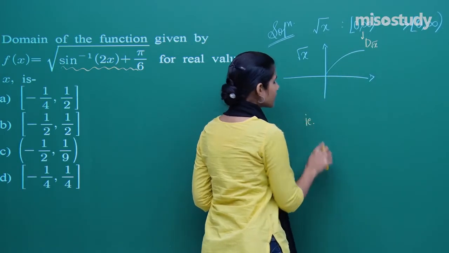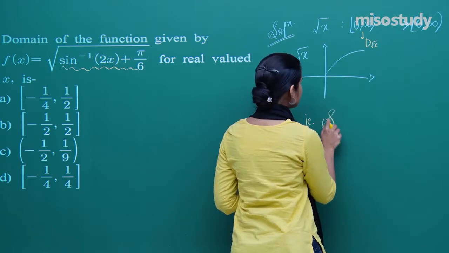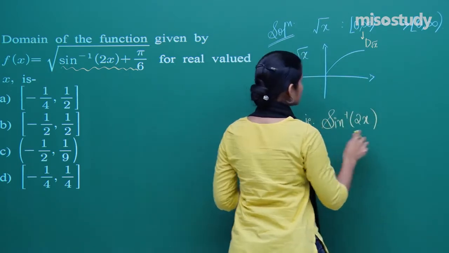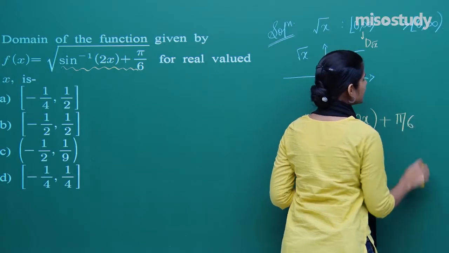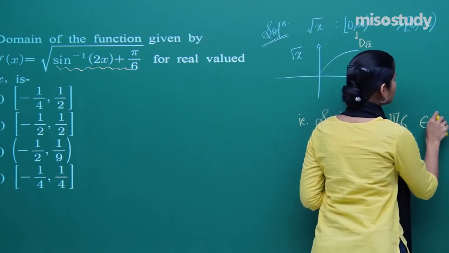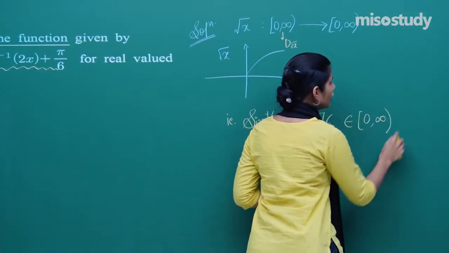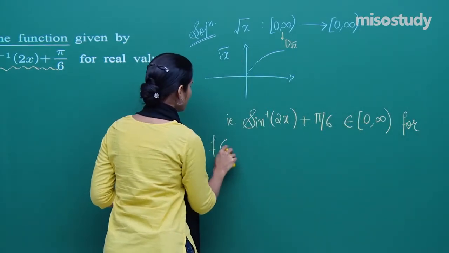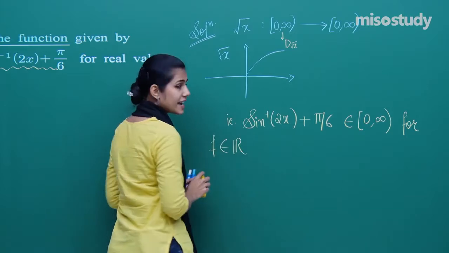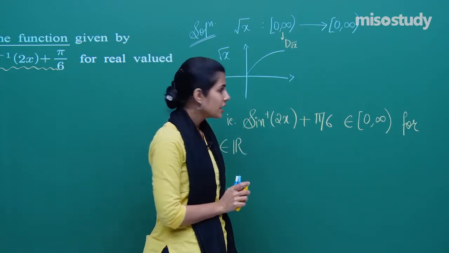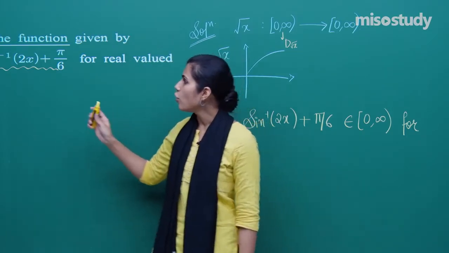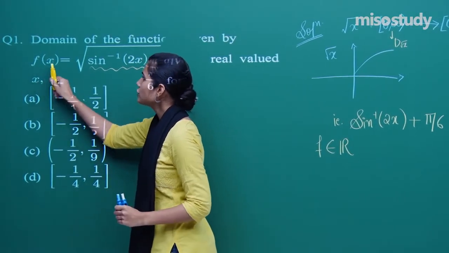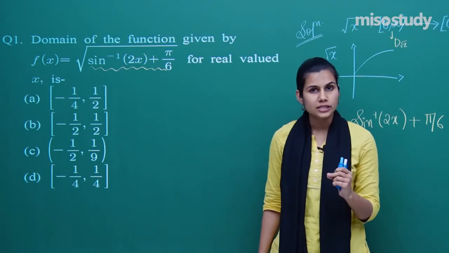What is the inside expression? It is sine inverse 2x plus pi by 6. This should belong to 0, infinity for f(x) to belong to R. Because I am interested in those values of x coming from the collection of reals for which f(x) belongs to the collection of reals.